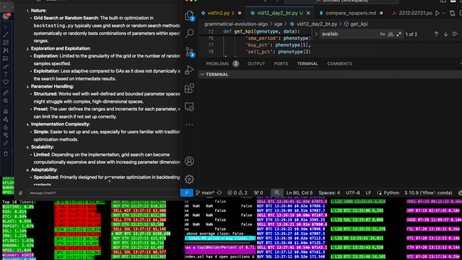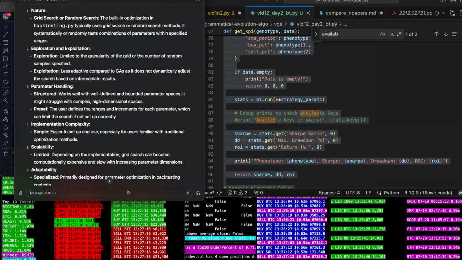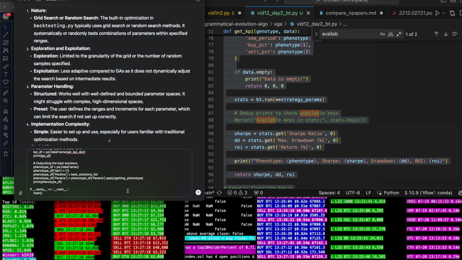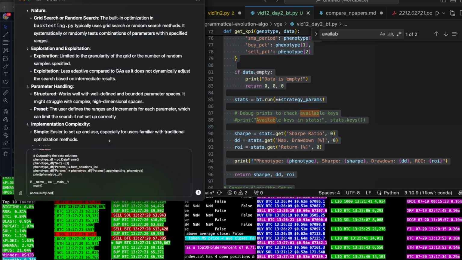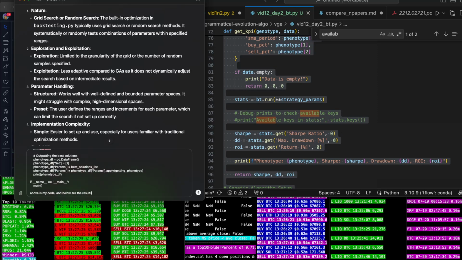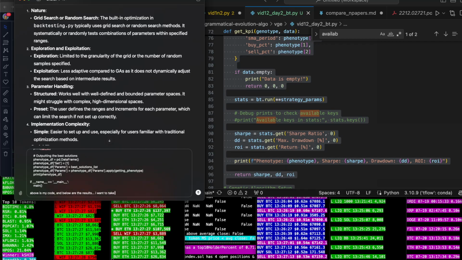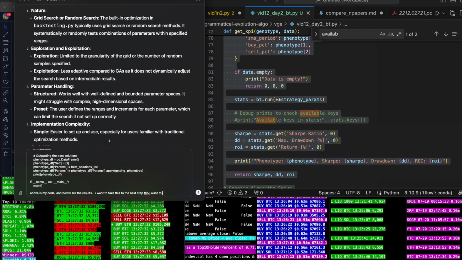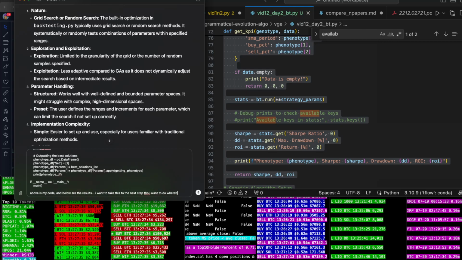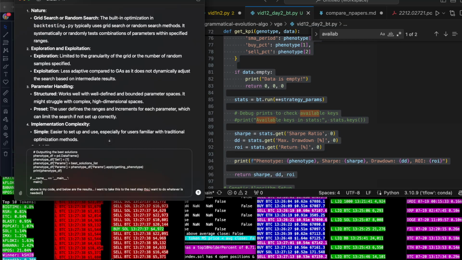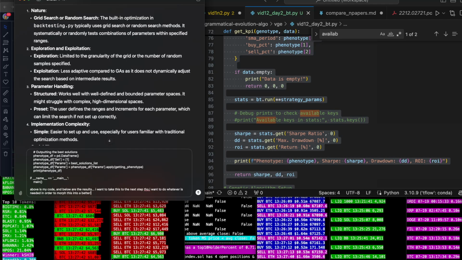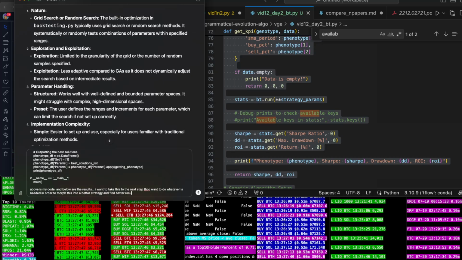So what I want to do here is, how do we up the game? Would it be better to have multiple strategies? Here we go. Above is my code and below are the results. I want to take this to the next step though. I want to do whatever is needed in order to morph this into a better strategy and find better results.